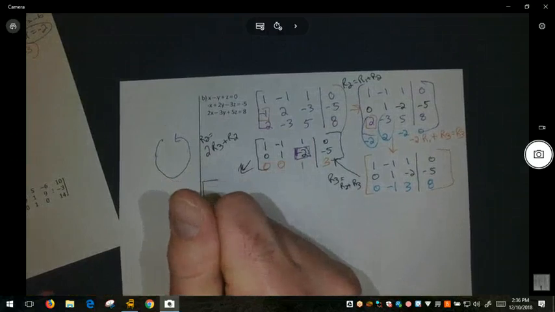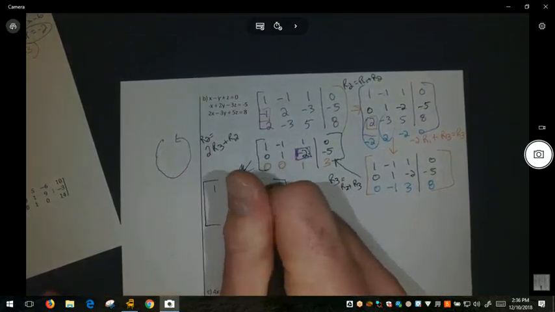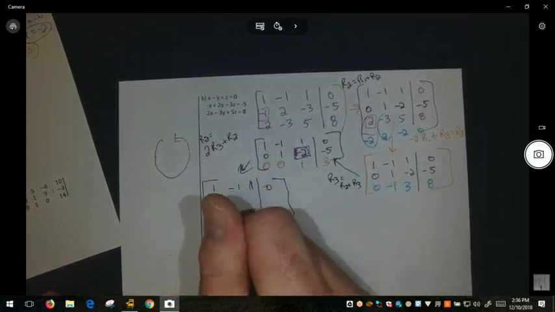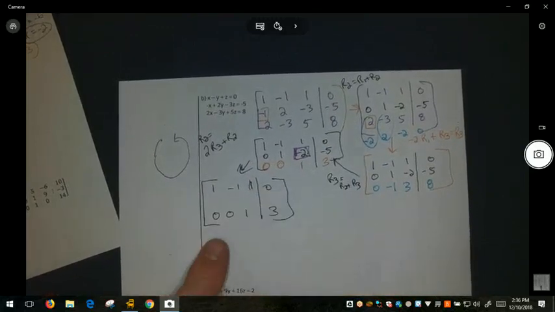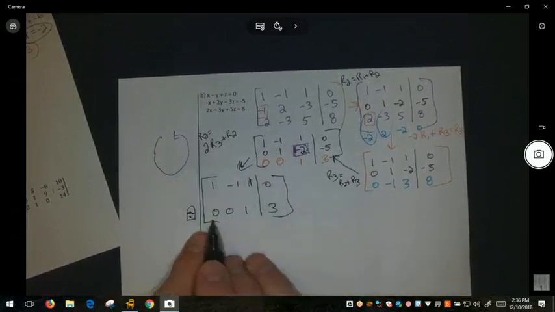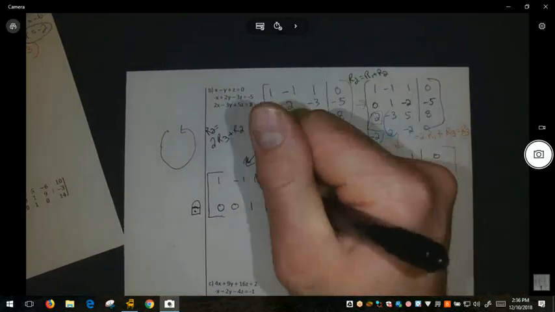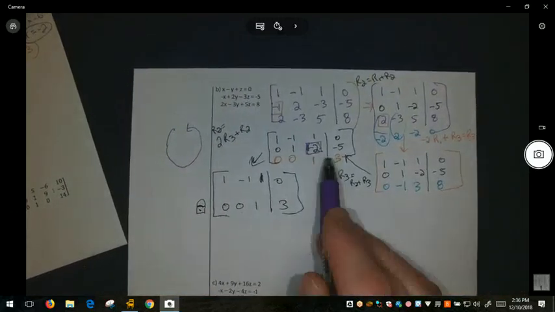So that's going to give me the following. I'm going to keep row 1 as it was. I'm going to keep row 3 as it was. Row 3 is perfect. I have locked that row down now because I don't need to do anything else to row 3. I've got 0, 0, 1. That is perfect. I already know what the answer to Z is. But row 2, I want to get a 0 here.